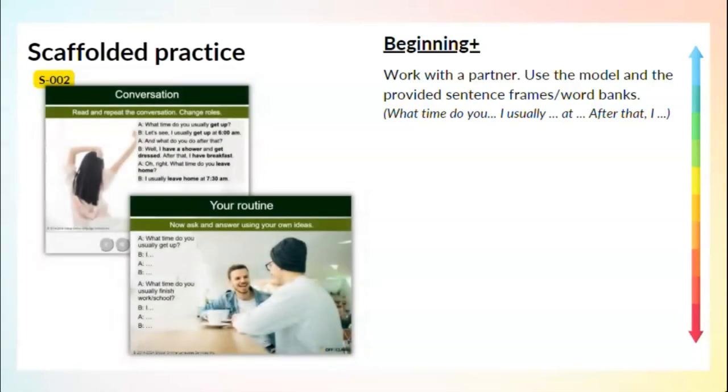On these slides, students are asked to read and repeat a conversation, act it out, change roles, and then create their own dialogue about their own routine. To scaffold this activity, you might have beginners work with a partner, use the model, and provide sentence frames and word banks.